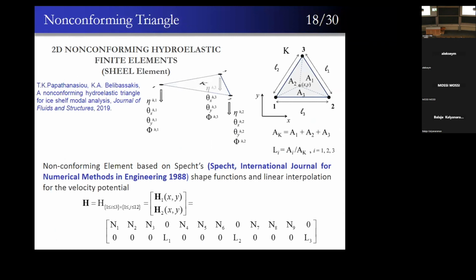Here there is continuity of specific quantities along the edges of the triangle, but the resulting shape functions, denoted here as n1 up to n9, create approximations that do not form subsets of functions with square Lebesgue integrable second derivative in the two-dimensional plane.